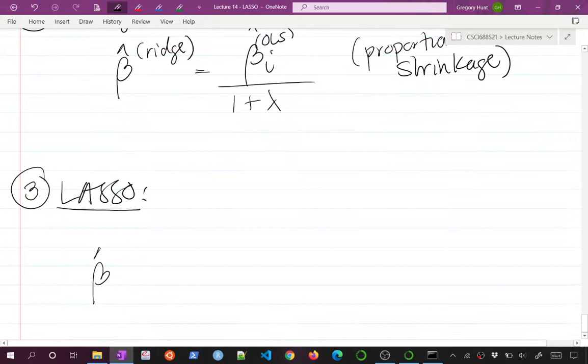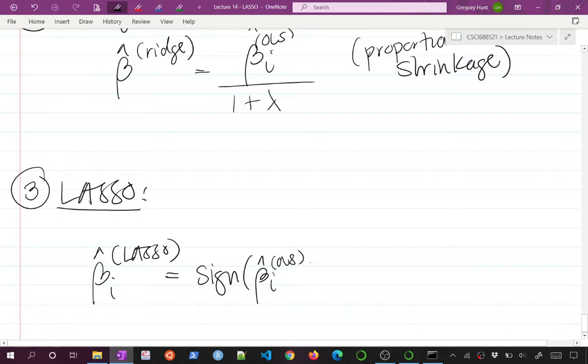And Lasso, beta hat Lasso, has the following form. We're going to look at the sign of beta hat OLS, so the ith component of my lasso beta hat is going to preserve the sign, and then we're going to look at the maximum of the absolute value of the OLS beta hat minus lambda, and 0.